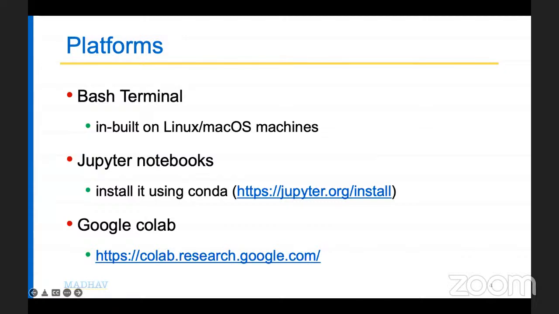Now I come to some platforms which are very helpful for programming. One of the platforms is Bash Terminal. If you are using Linux machines or Mac machines, then Bash Terminal is a very simple way to do different tasks, especially with big data.